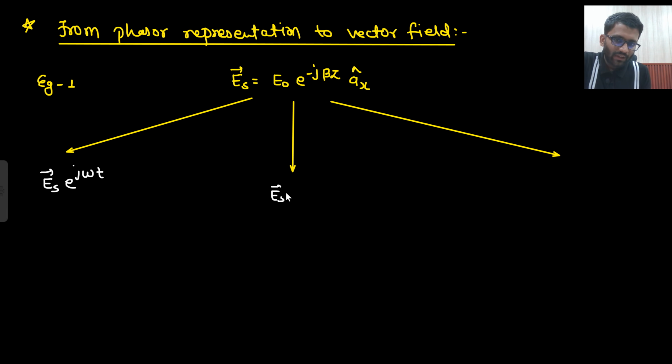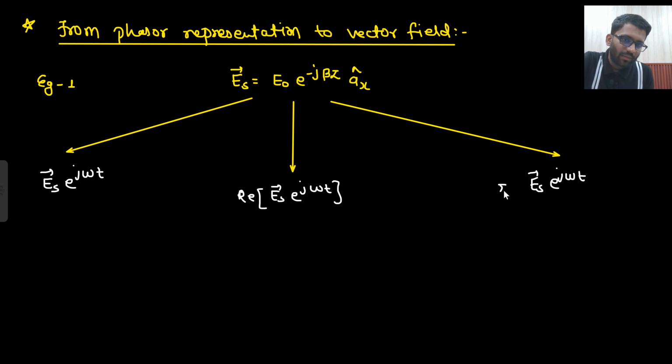Or you connect e to the power j omega t, but you write the real part. Or you connect e to the power j omega t, but you write the imaginary part. So that is how I go from phasor representation to the time harmonic vector field.